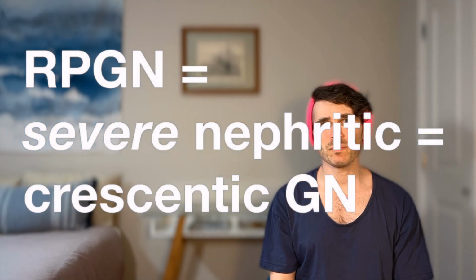Okay, next up, let's spend just a little bit of time talking about additional vocab terms that you may hear. Rapidly progressive glomerulonephritis is essentially superimposing a very specific tempo on top of nephritic syndrome. So it's saying, hey, this nephritic syndrome has presented in a matter of days to weeks.